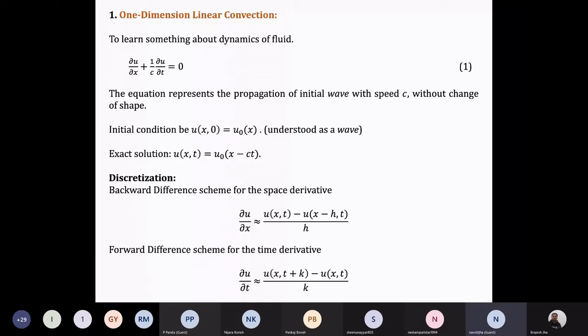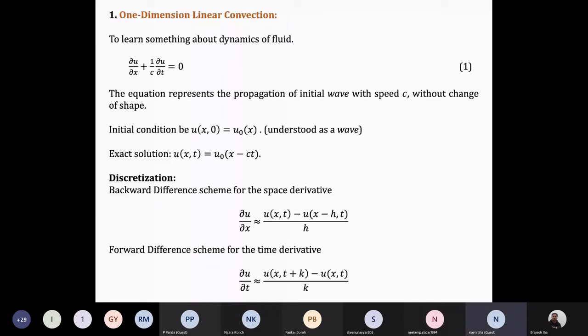Here, c is constant and u is a function of two variables x and t. And this equation represents propagation of initial wave with speed c without change of shape.